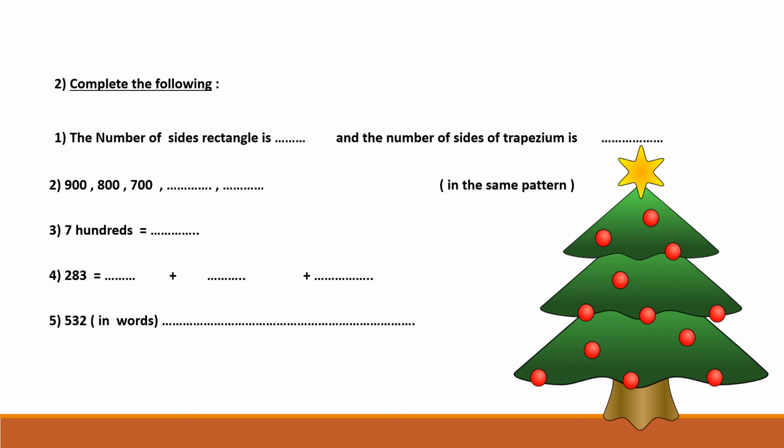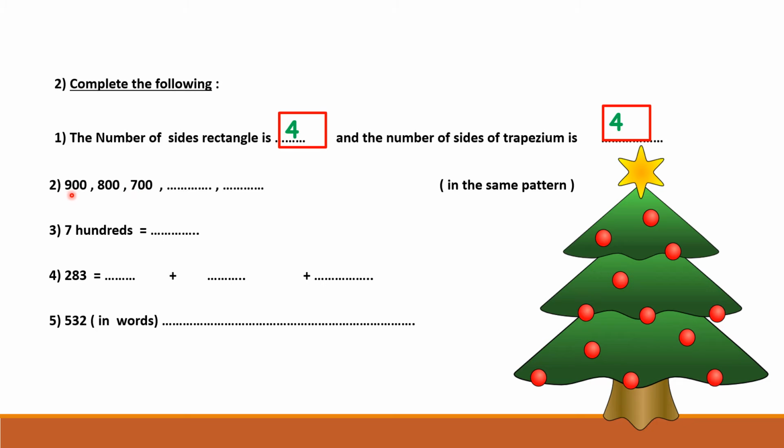Here we're gonna complete the following. So Junior 2, the number of sides of rectangle is super 4, and the number of sides of trapezium also 4. So here 900, 800, 700, we're gonna complete in the same pattern. So we're going backward.